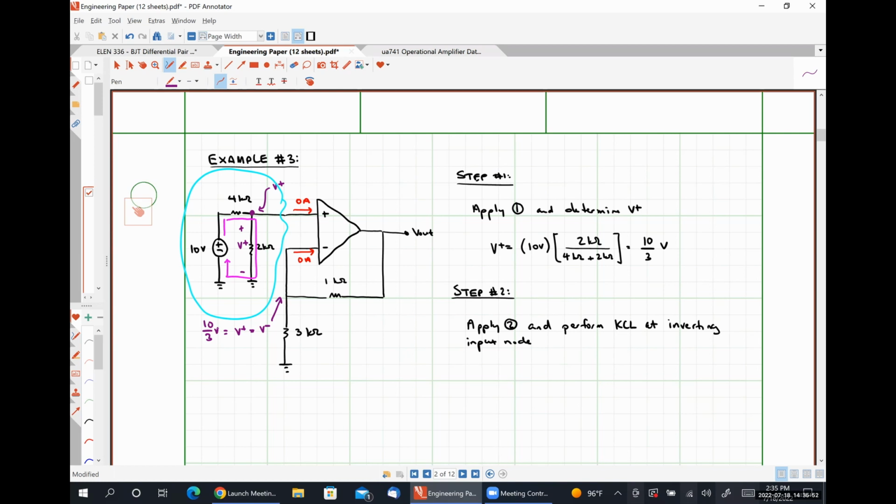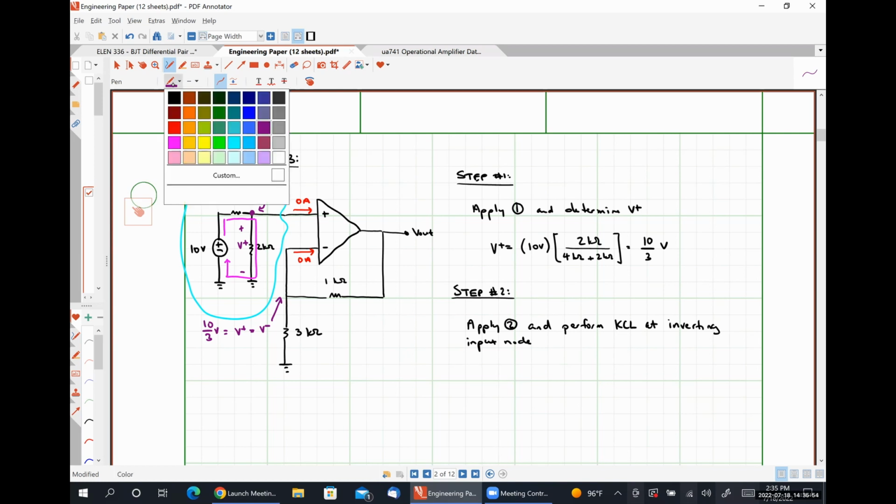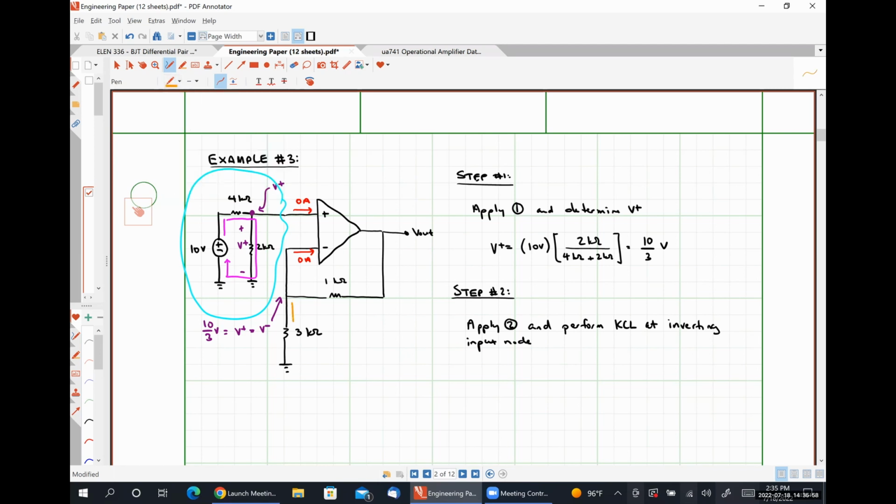Now we're going to apply KCL at this node, and I'm going to apply KCL by adding this current that's exiting the inverting input node and this current that's exiting the inverting input node together and setting them equal to 0.